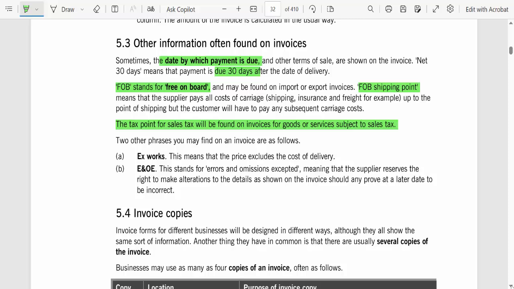4. Ex works. The term ex works refers to a situation where the seller makes the goods available at their premises, and the buyer is responsible for all transportation costs from that point onward. This term is frequently used in international trade, indicating that the buyer must arrange for and pay all shipping and delivery expenses.